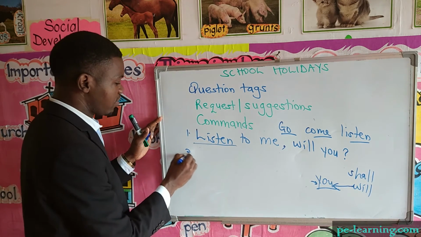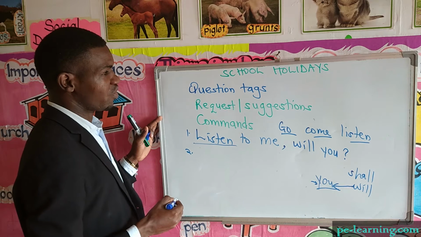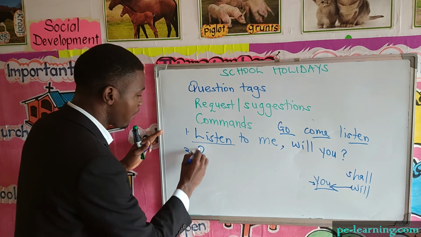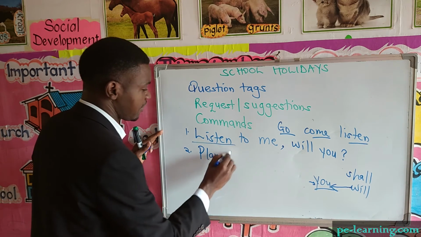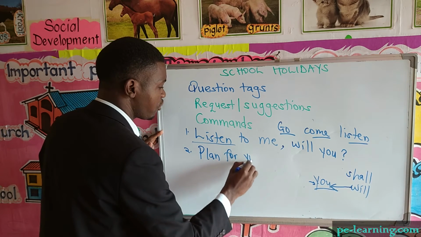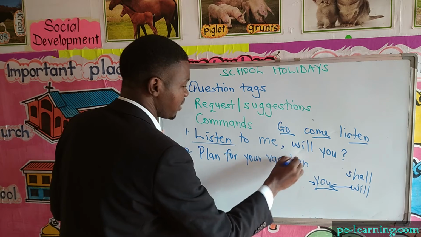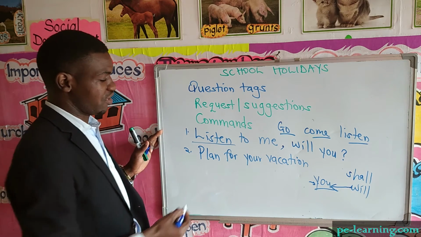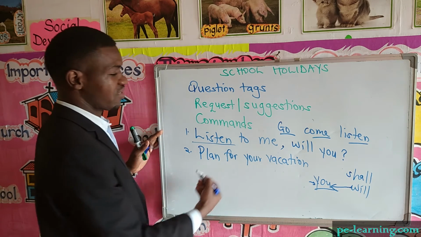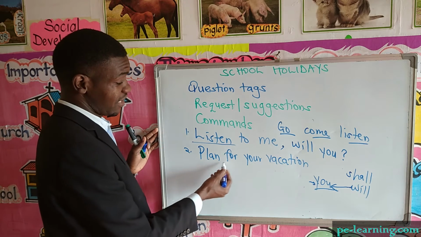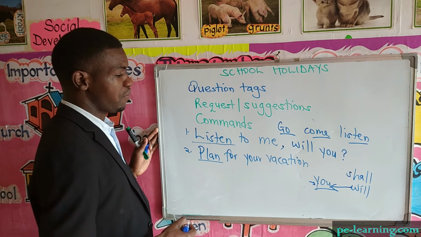To give you another example connected directly to school holidays: plan for your vacation. Primary 7, you know what I mean when I say plan for your vacation. This is a command, because it starts with the verb.